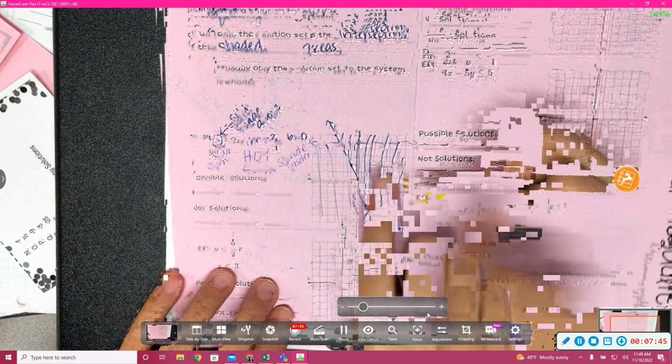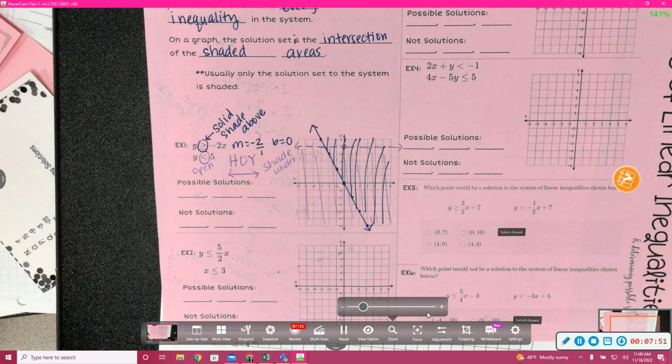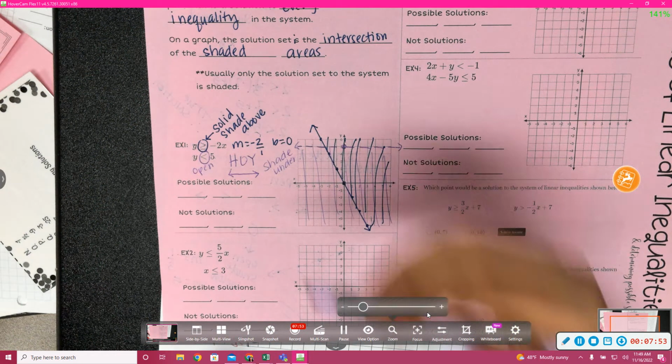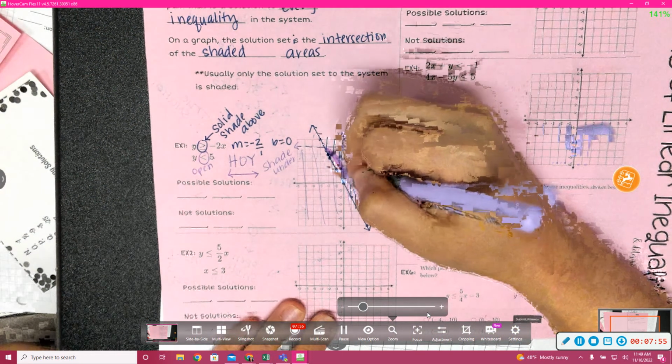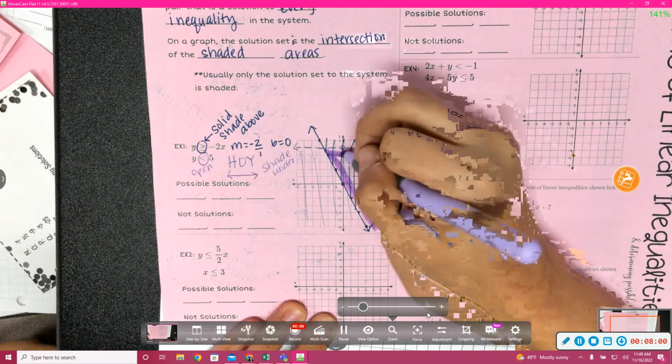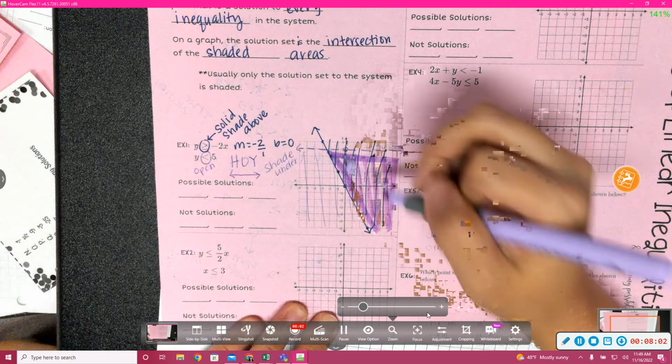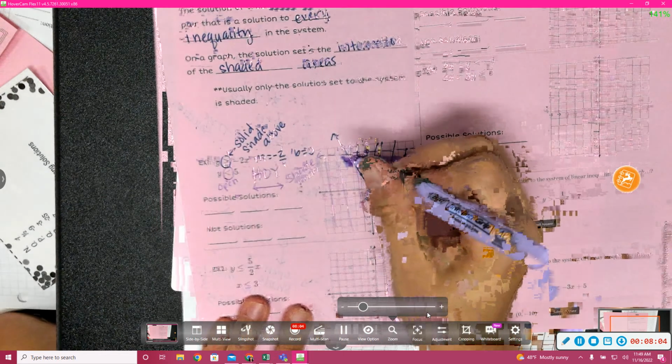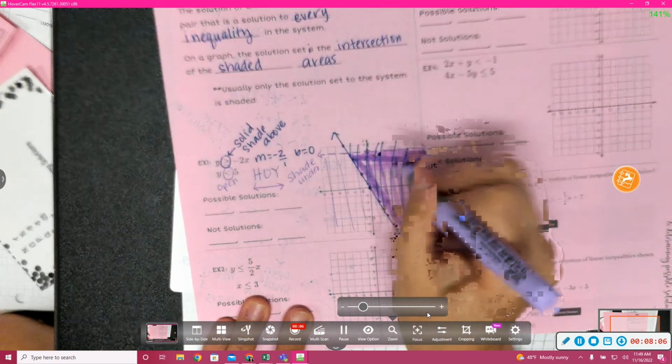So we are shading everything underneath. So the solution set is the intersection of both the shaded areas. So my intersection is just this area right here, including up, but not the dashed line.